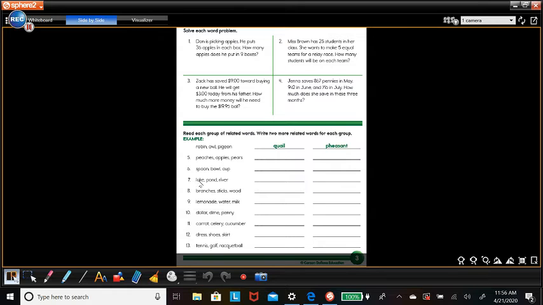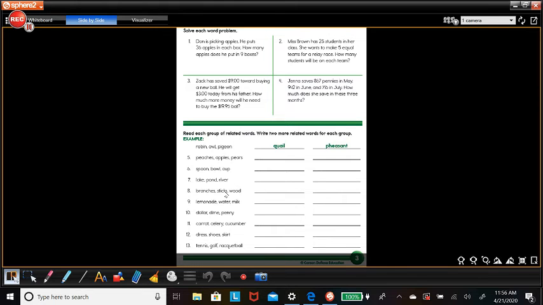Number 7 has lake, pond, river. What are these? What do they have in common? How are they alike? A lake has water, a pond has water, a river has water. Okay, so they're all bodies of water. So now I have to think of 2 more that are bodies of water. Ocean and sea. There we go.